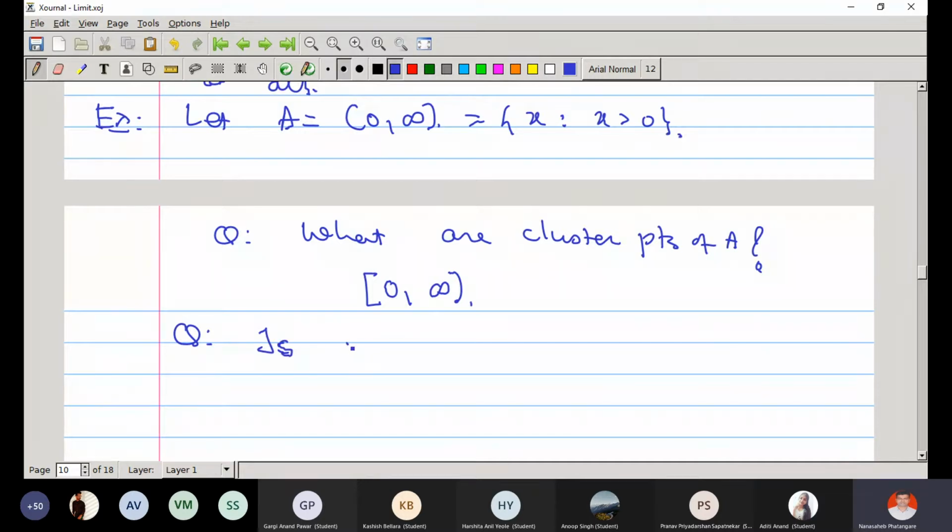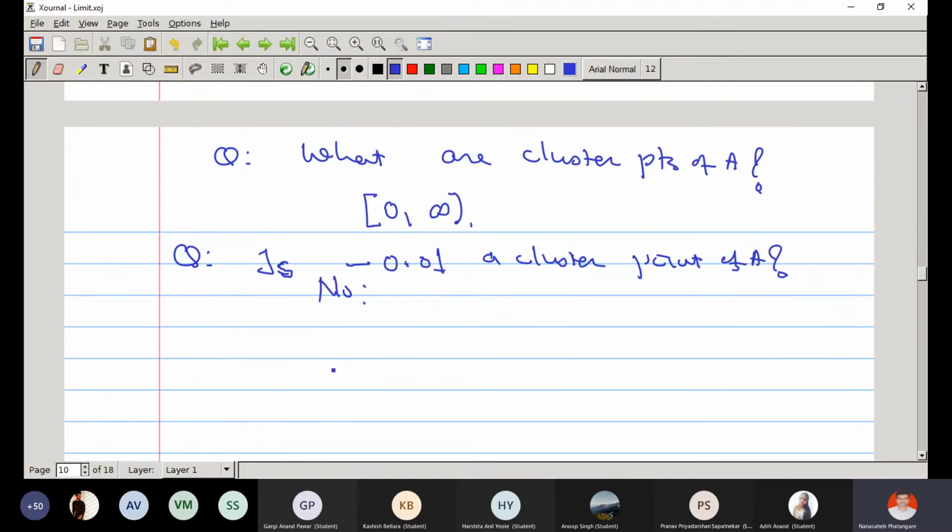So is minus 0.01 a cluster point of A? No, sir. So answer is no. Right, because there is no crowd of elements from set A near this point, because if you look at 0 here, minus 0.01 is on left side of 0.